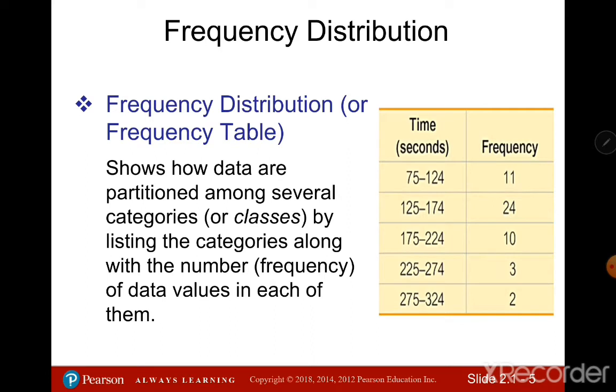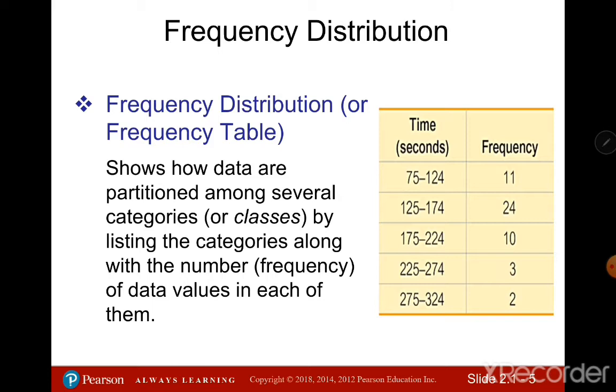This is an example of a frequency distribution. You see it's just a table, so it's also called a frequency table. In this table, you will find there are two columns. In the first column, we have several classes or categories.